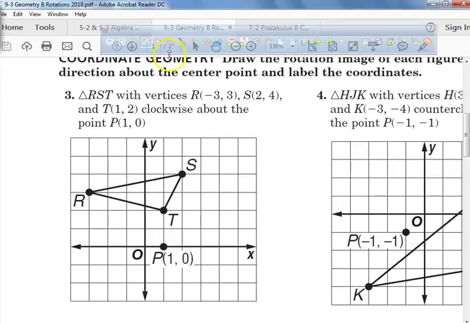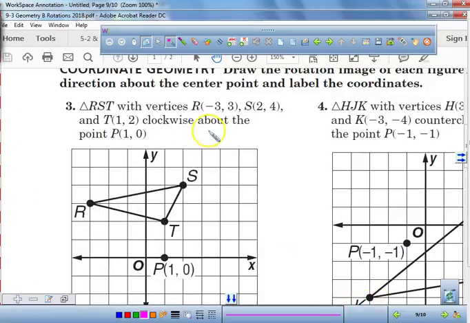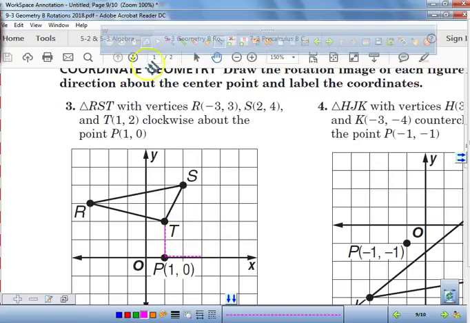So just use some logic. 3, 0, right? If I go 90 degrees clockwise, that puts me right there. So what's that point right there, everybody? That's going to be T prime.